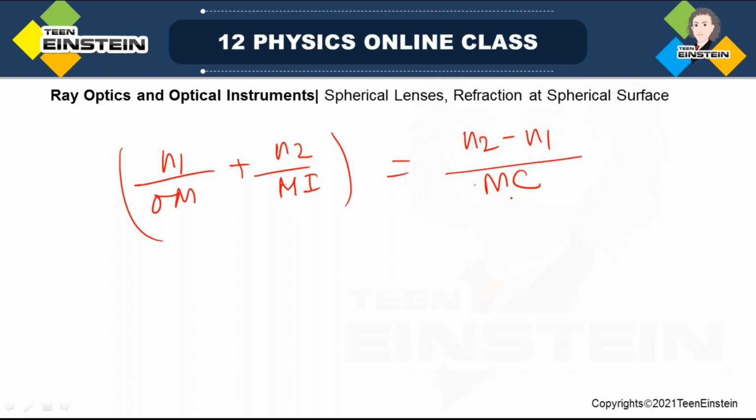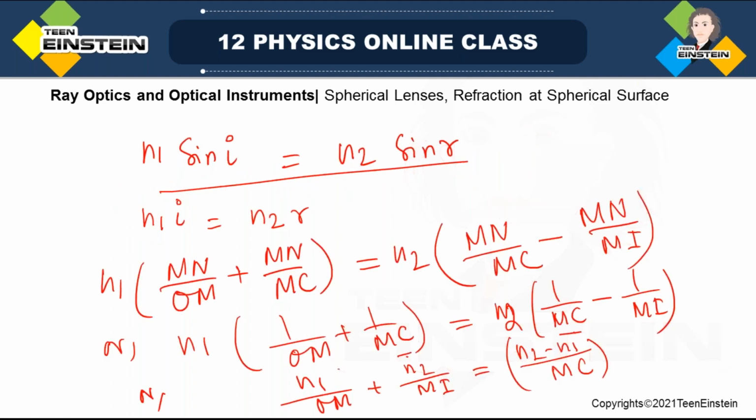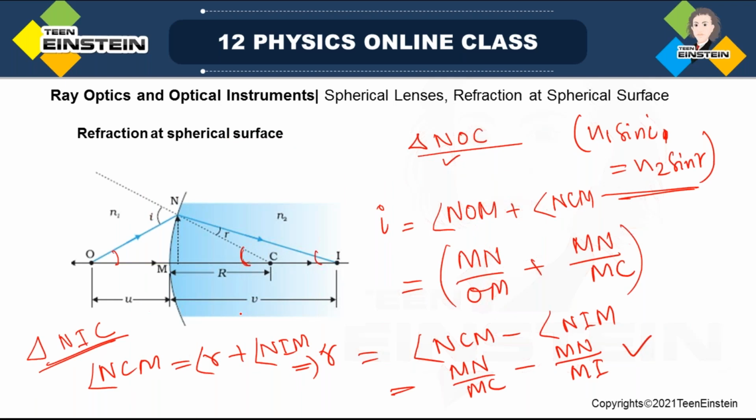Now let me write what OM, MC, and MI are. MI is V with a positive sign.